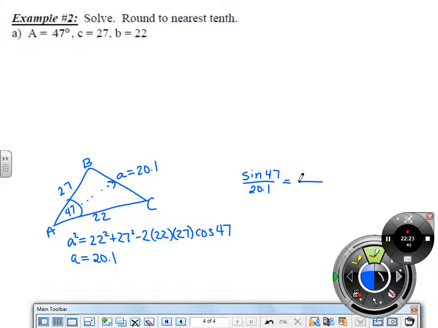I can do the sine of angle B over 22 or the sine of angle C over 27, but there is actually one of these angles that I should solve for before I go looking for the other. Do you guys know anything about angle B compared to angle C? Just knowing the sides that they're across from. Minchao?